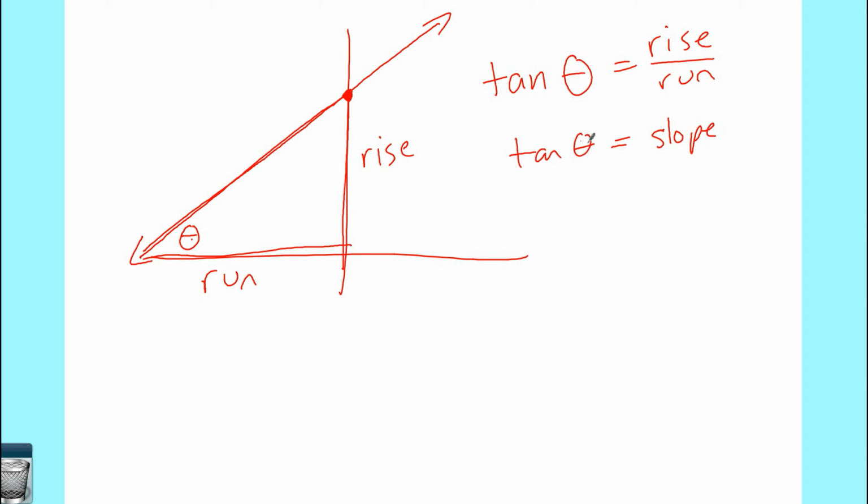And if we want to get theta by itself, well, the opposite of tangent is just the inverse tangent, or arctangent. Remember, with the little -1? So if we take the inverse tangent of our slope, we get the angle it makes with the ground. That's your little shortcut.